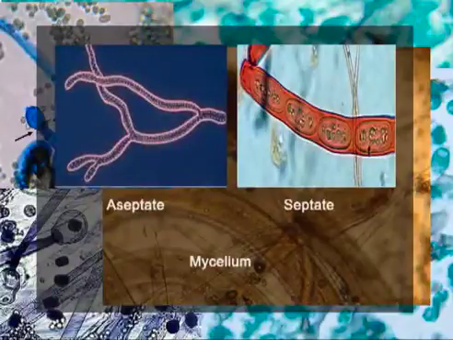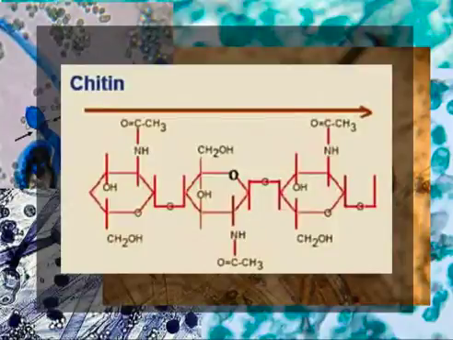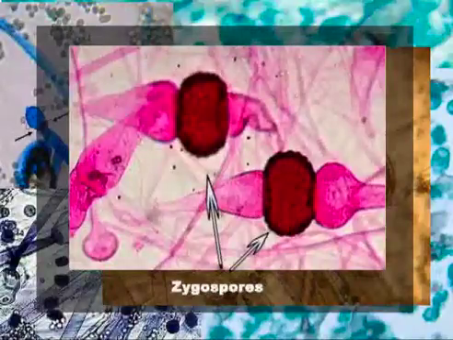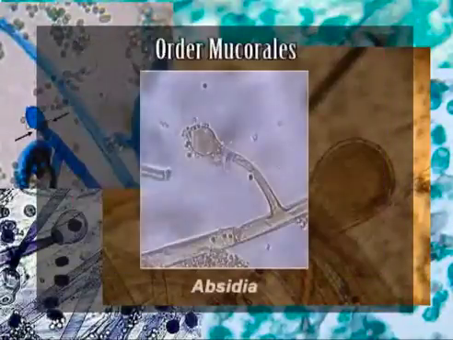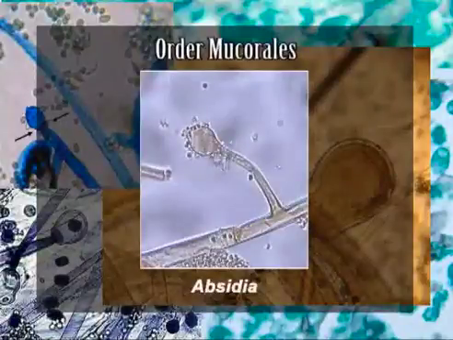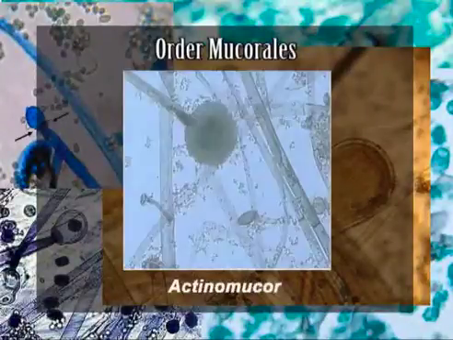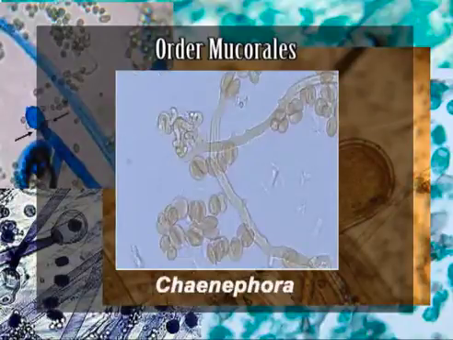Their thallus is usually mycelial and aseptate, and the cell wall contains chitin and chitosan. They are normally haploid. The principal characteristic that distinguishes class Zygomycetes is the production of a thick-walled resting spore called zygospore. The order Mucorales has by far the largest number of species and morphological diversity within the class Zygomycetes.